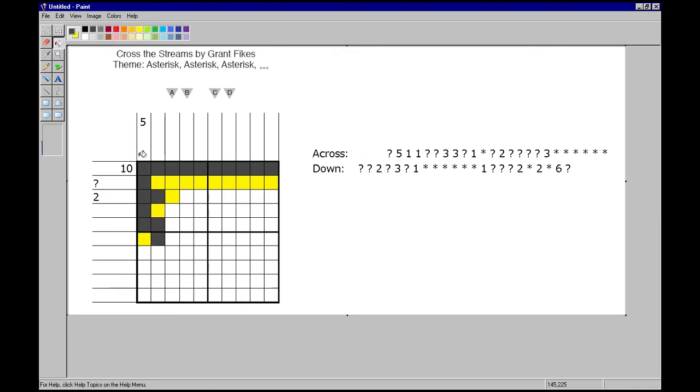The only way we can satisfy these clues is like this. So let's go ahead and put these there. And we are finished with the first column.